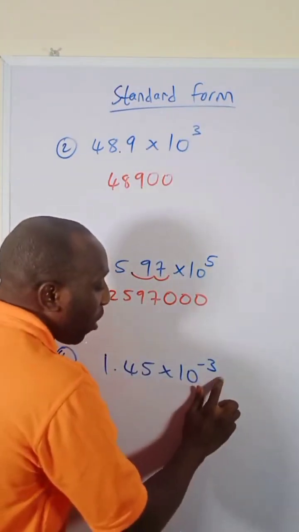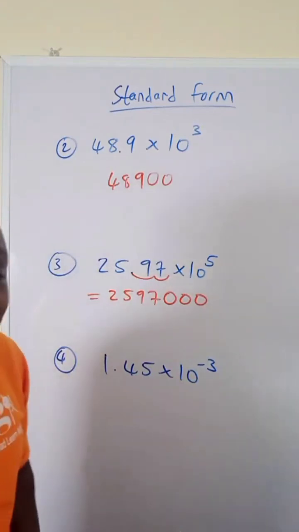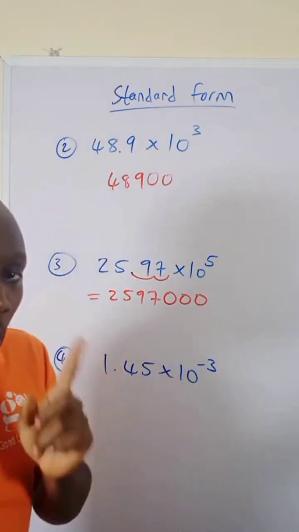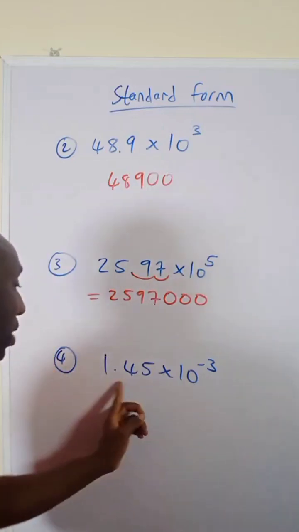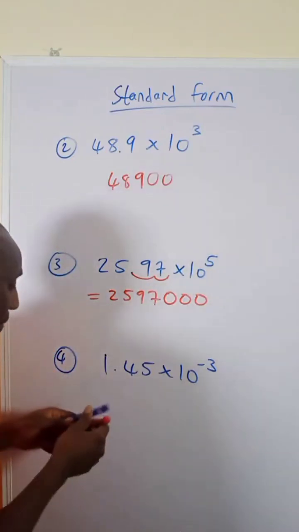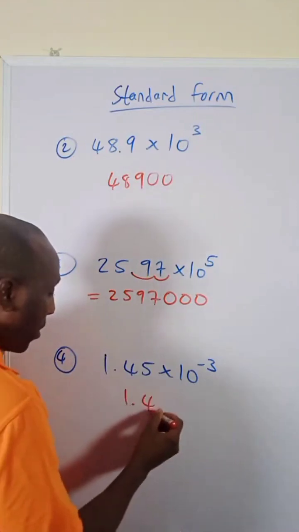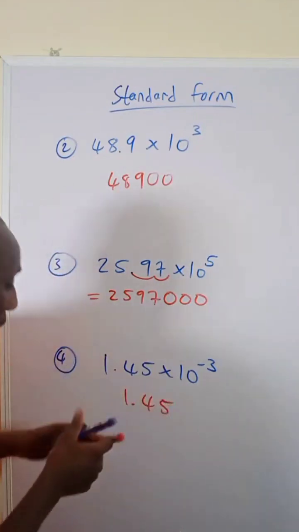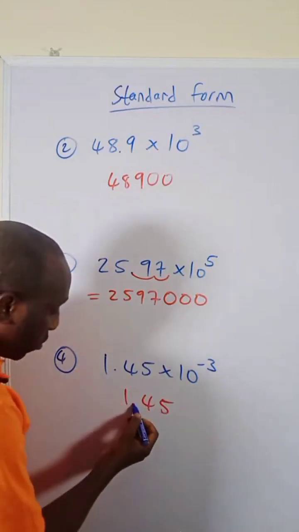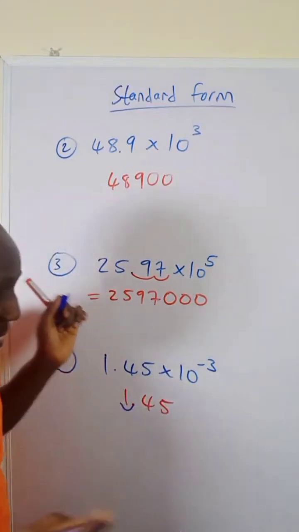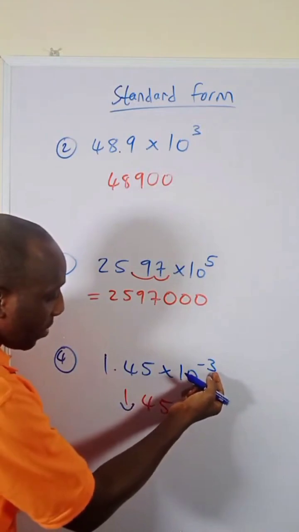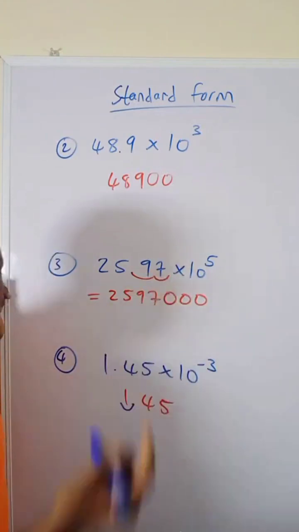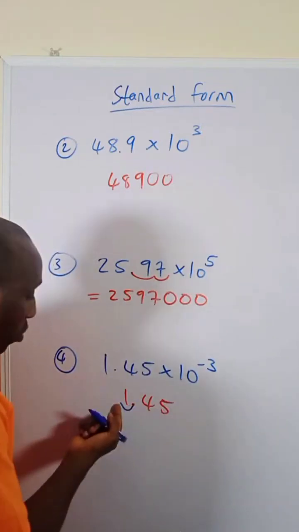Now let's look at number 4. 1.45 times 10 raised to the power of negative 3. Now we are going to the left, not to the right. So if I push it, let me just rewrite it again. 1.45. I will push this to this point 1 time, right? So I am taking 1 from 3 because it has gone to the left.